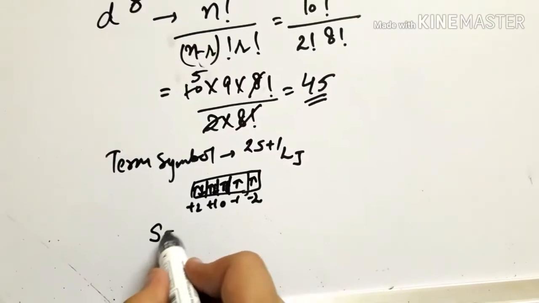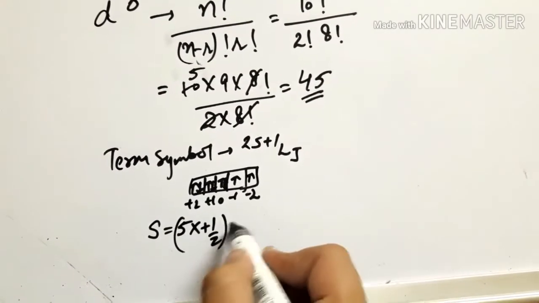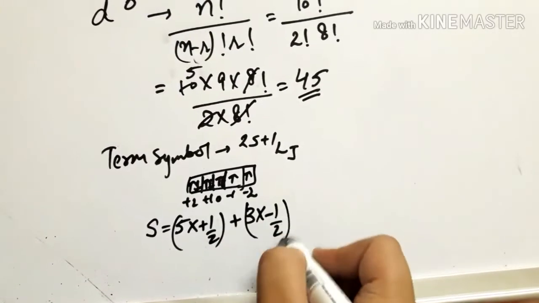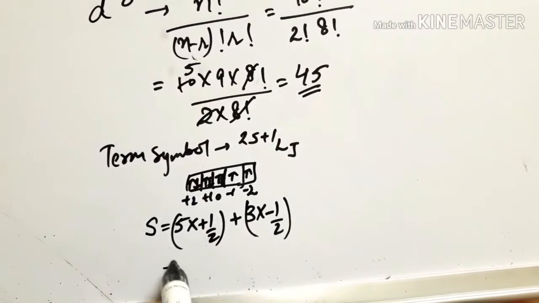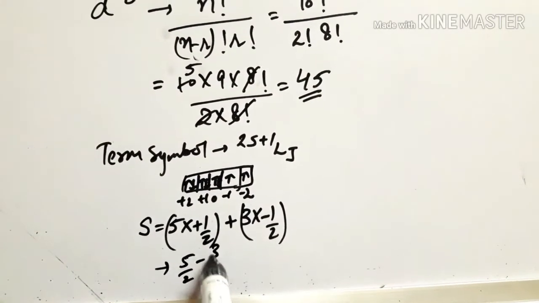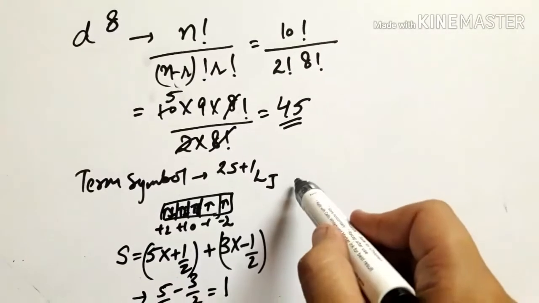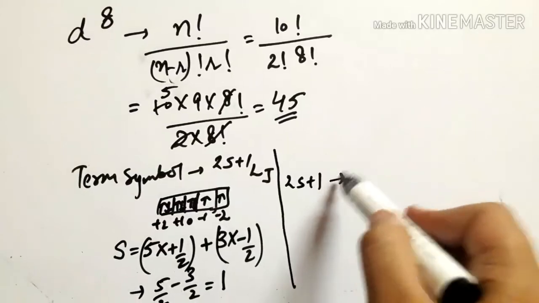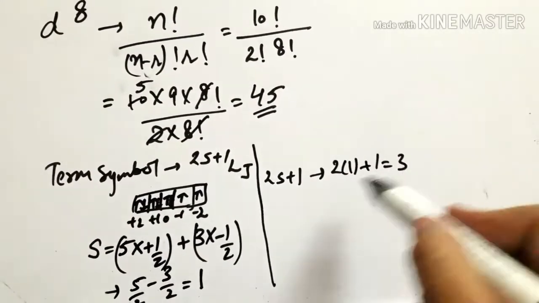So S is 5 multiply plus half plus 3 multiply minus half, because 3 electrons are of opposite spin. So we have 5 by 2 minus 3 by 2, that is 1. Now 2S plus 1 is 2 multiply 1 plus 1, that is 3.